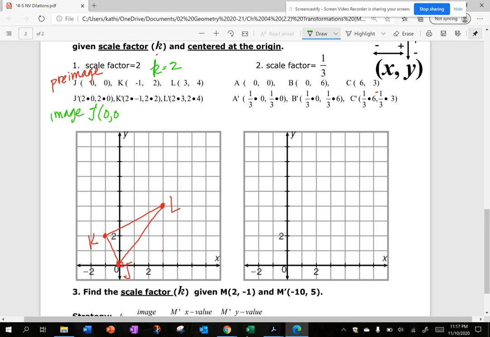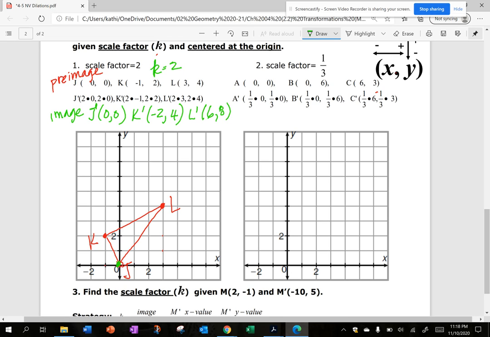So J prime is still (0, 0). K prime, 2 times -1 is -2, and 2 times 2 is 4. And L prime, 2 times 3 is 6, and 2 times 4 is 8.